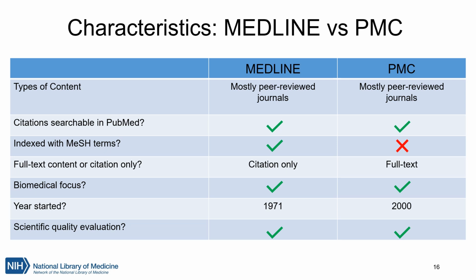However, only Medline citations in PubMed are indexed with NLM's medical subject headings, or MeSH terms. PMC contains the full text of the article in fulfillment of its dual role as an archive, whereas Medline only contains citation data, which is information such as abstracts, titles, and other metadata.